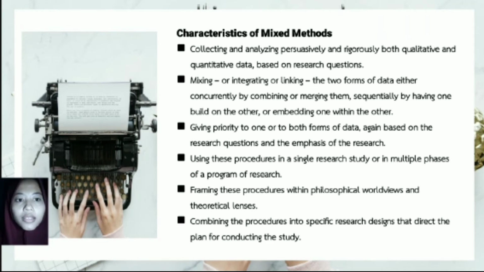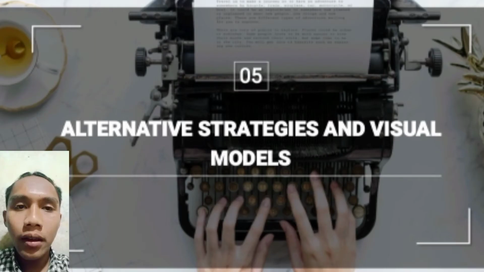Then using these procedures in a single research study or in multiple phases of a program of research, and then framing these procedures within philosophical worldviews and theoretical lenses. The last is combining the procedures into a specific design that directs the plan for conducting the study. That's all about the characteristics.